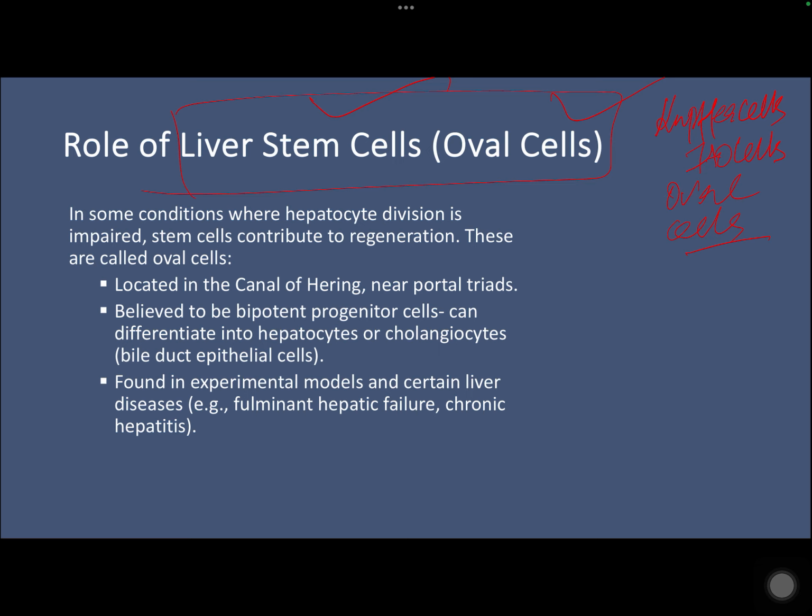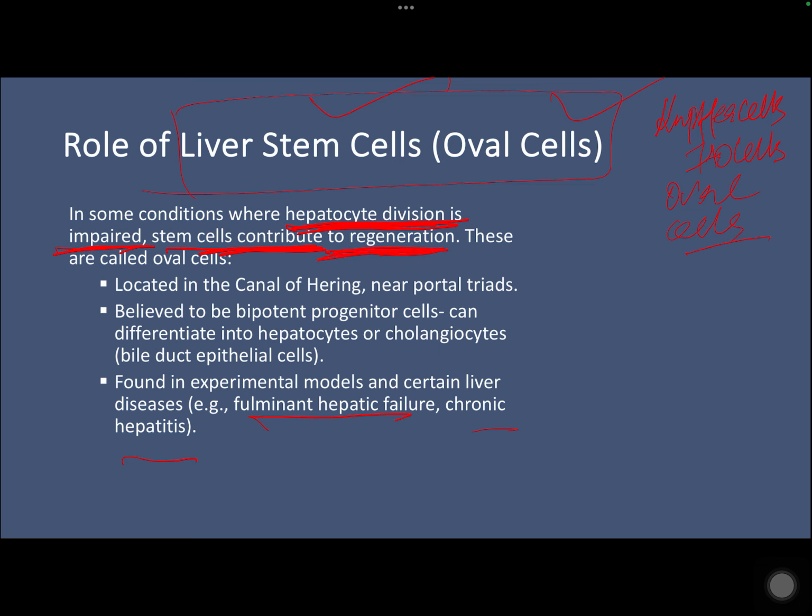We have seen in some conditions like fulminant hepatitis or chronic hepatitis, the hepatocyte division is impaired, that means the compensatory hyperplasia is impaired. What happens is, these stem cells then contribute to the regenerative power of the liver.